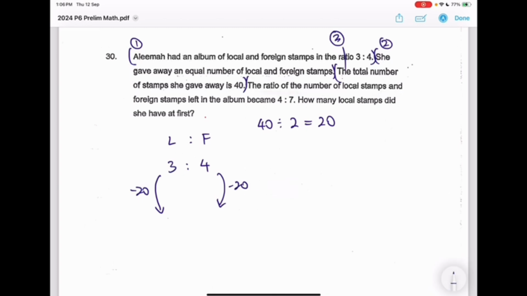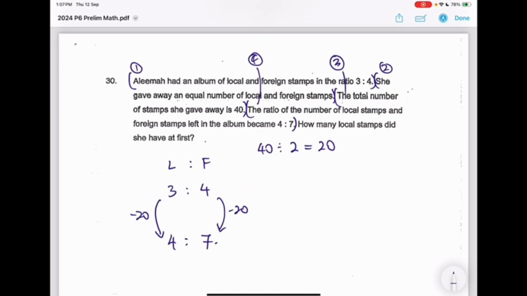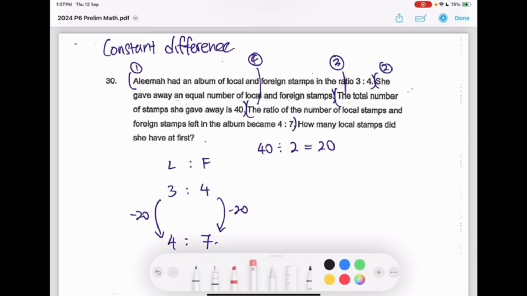Now let's move on to sentence number 4. It says, the ratio of the number of local stamps and foreign stamps left in the album became 4 is to 7. From here, I can immediately tell that this question is a constant difference question. Alright? Why? Because they are subtracting the same amount.